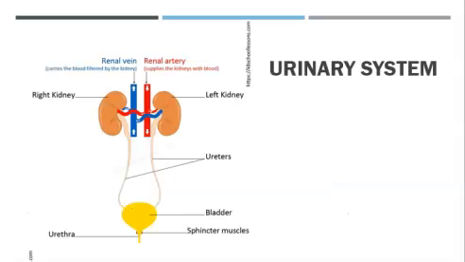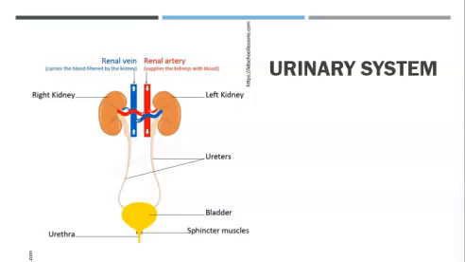Okay, here as promised, is the actual image of the urinary system. You have your two kidneys, your right kidney and your left kidney. Then below that you have the two funnel-shaped structures, the ureters, that take the urine from the kidneys down to the bladder, which is like your holding tank for your urine, and then you have the urethra that helps carry the urine down to be excreted from the body.